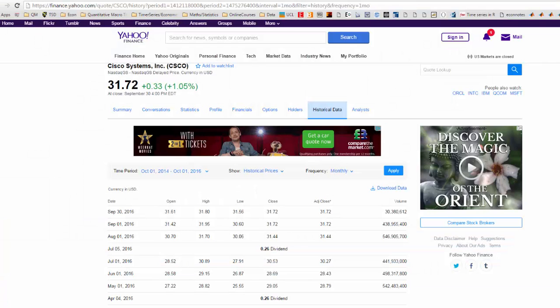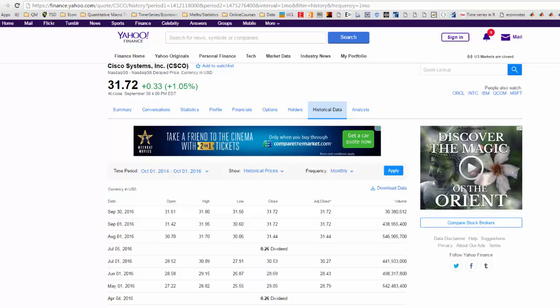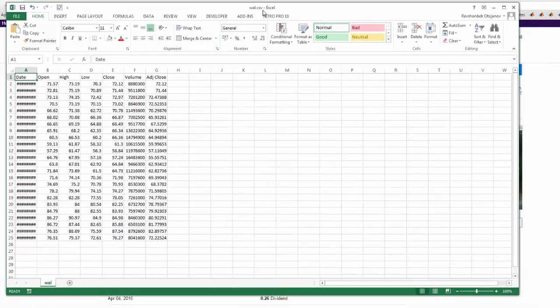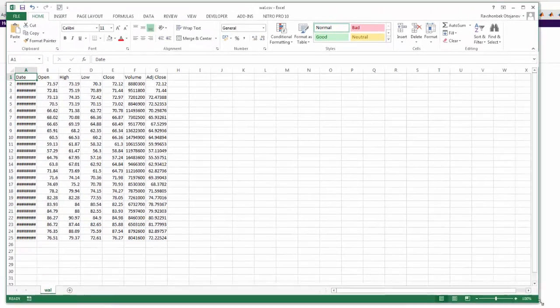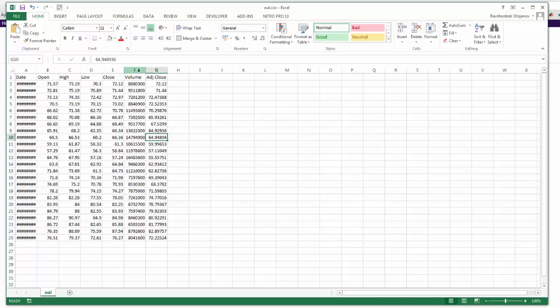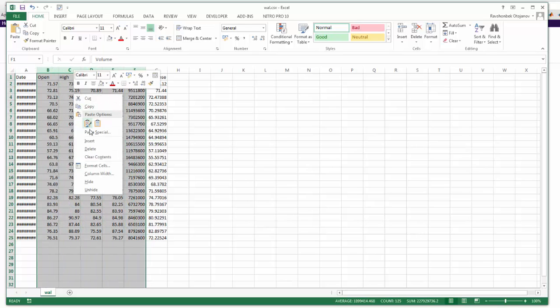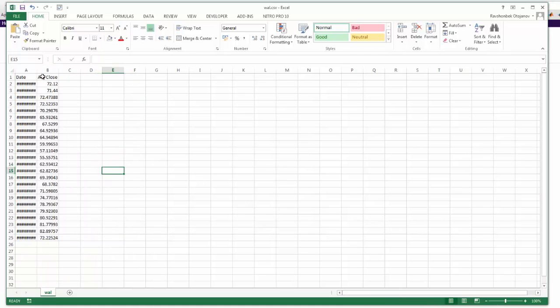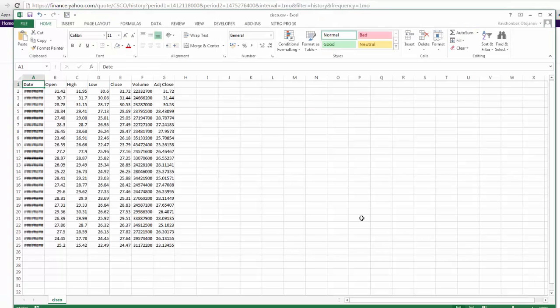Now if you open this file, let's start with opening the Walmart prices. We don't need all this, so delete that and call this WLM, and then Cisco. Here we will only need this copy.